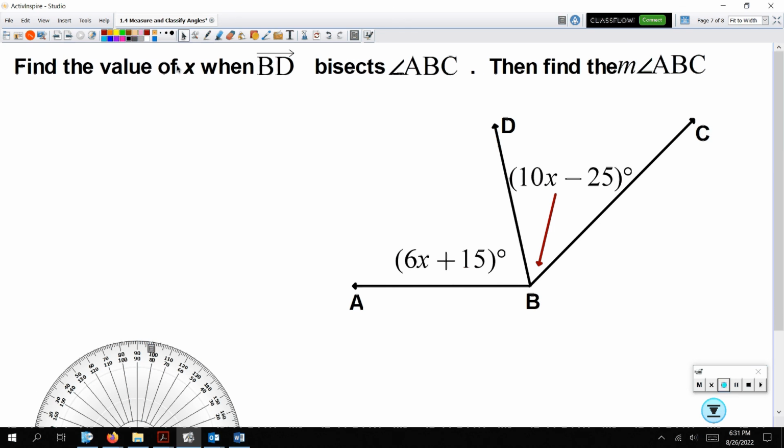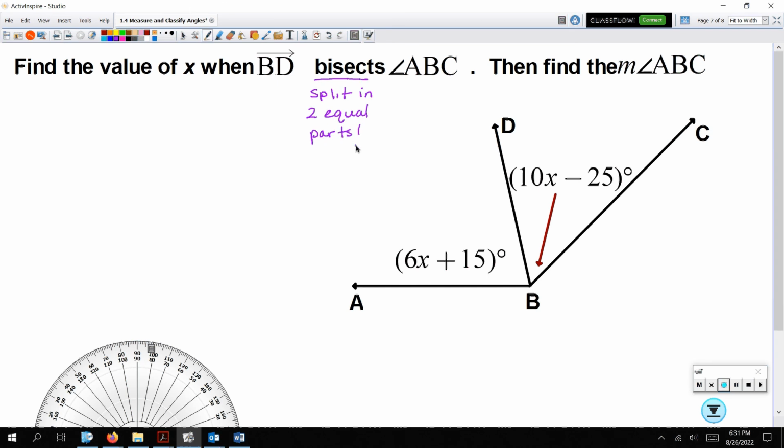All right, so it says find the value of x when ray BD bisects angle ABC. Remember that the ray splits it in half because it's bisecting. Bisect: split in 2 equal parts. I cannot emphasize that enough.